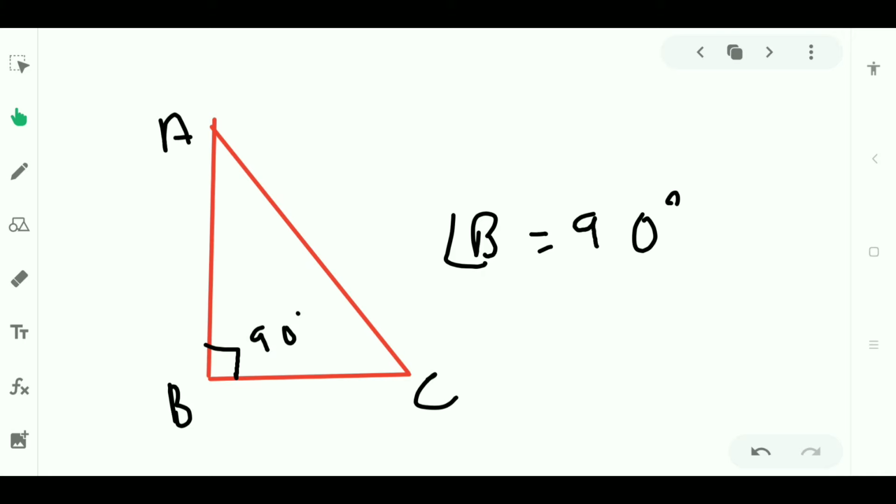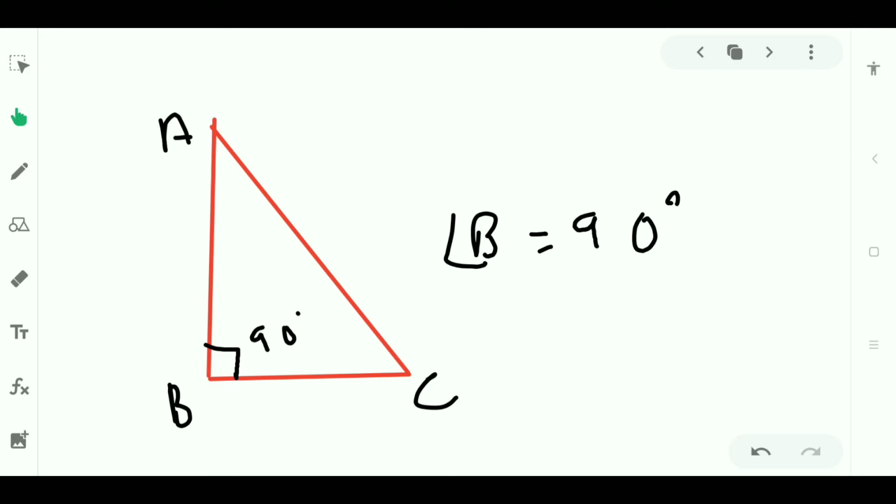ratios. It can be applicable only in a right angle triangle, and right angle triangle means, as you all know, that any one angle should be 90 degrees in a triangle. Here you can see angle B is equal to 90 degrees, so this triangle is called a right angle triangle.